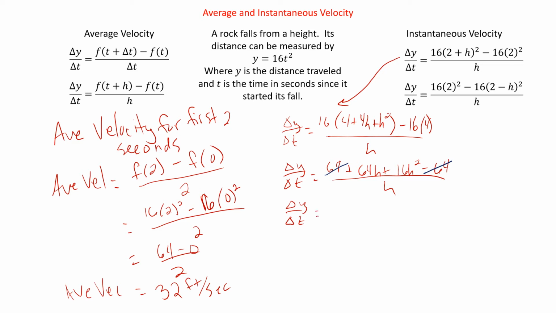We can factor an h out: 64 plus 16h over h. The h's cancel, so our delta y over delta t for the time interval just over 2 seconds is going to be 64 plus 16h.